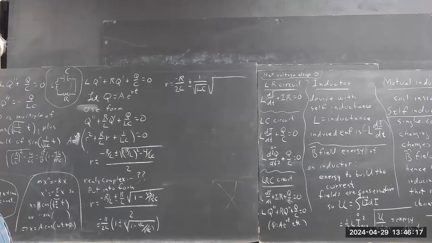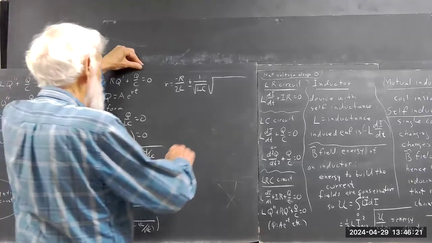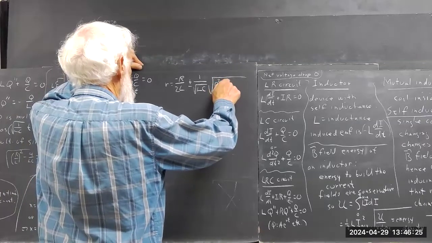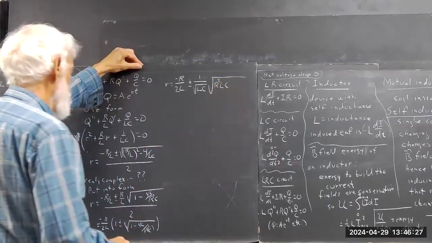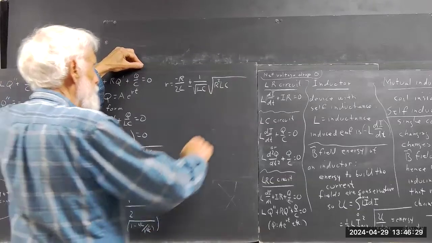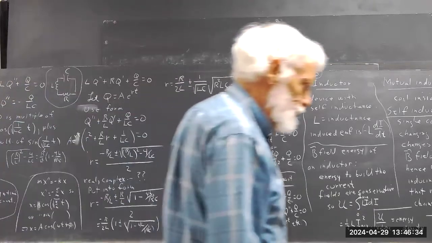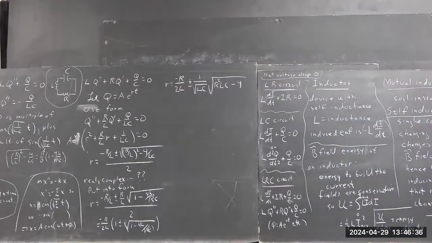And you're going to get R squared times LC minus 4, and that doesn't even seem reasonable. Maybe I ought to go back and learn how to do algebra.